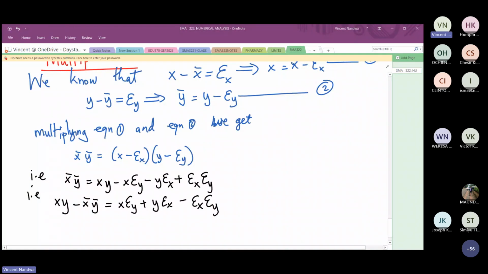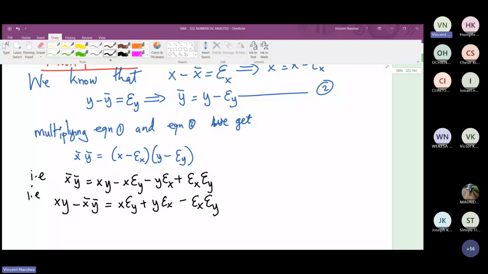Yes, good. Then we do what we call first order approximation.